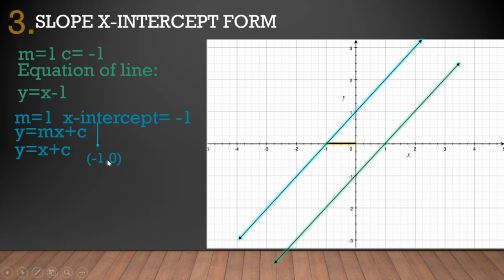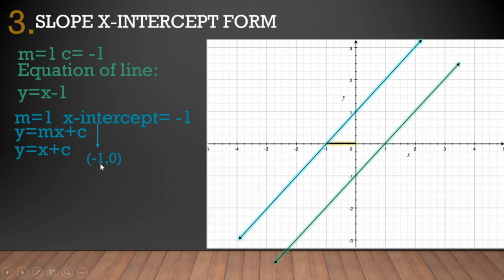If you have been given any intercept, you can determine a point on that line. If the x-intercept is -2, that means (-2, 0) lies on the line. If the x-intercept is 3, that means (3, 0) lies on the line. A line making an x-intercept of something means the line passes through that point.